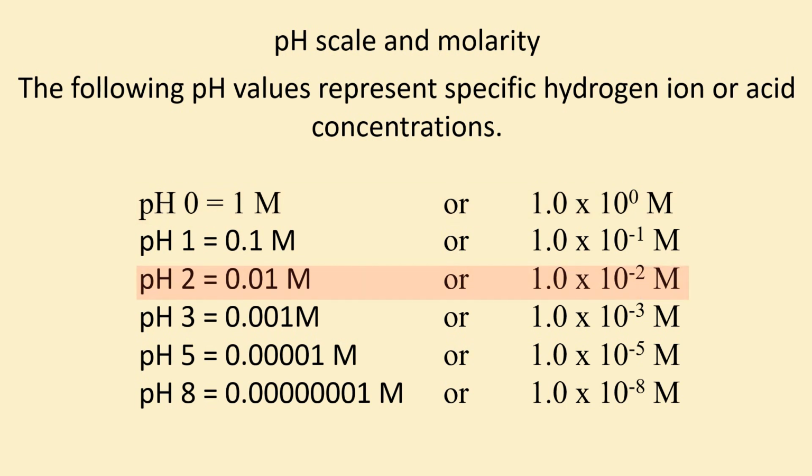A pH of 2 represents a 0.01 molar, or 1.0 times 10 to the minus 2 molar solution of an acid. A pH value of 5 represents a 0.00001 molar solution, or 1.0 times 10 to the minus 5 molar solution of an acid.